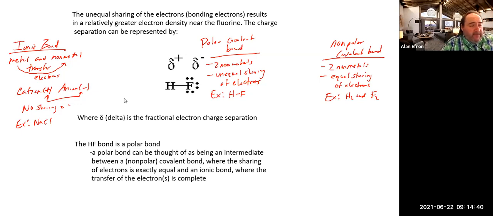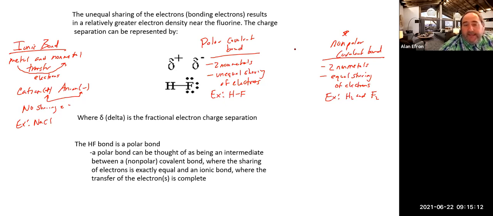Same thing with fluorine. You'll sometimes hear the term pure covalent bond in books, and it really is talking about a nonpolar bond, the perfect situation in terms of sharing, pretty much 100% equal.